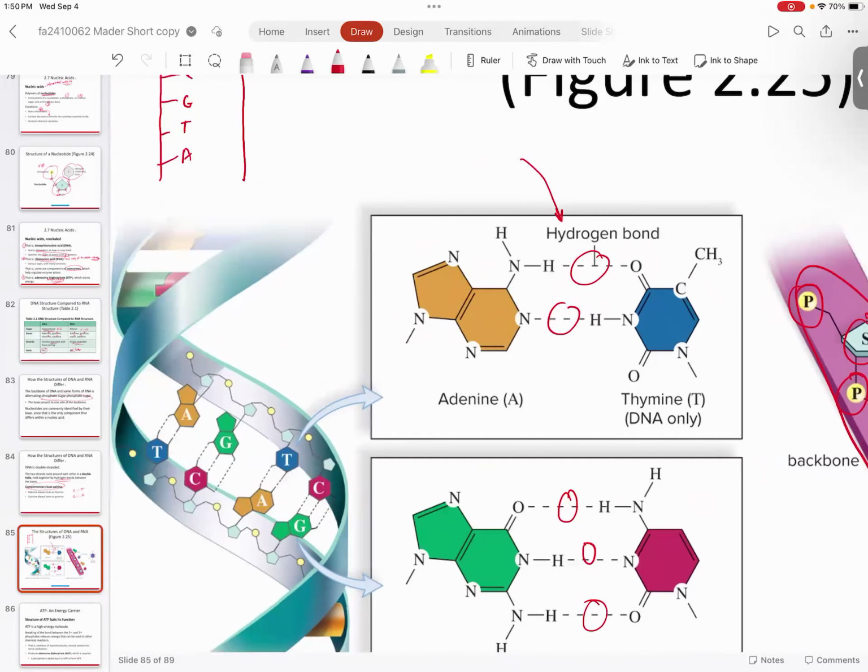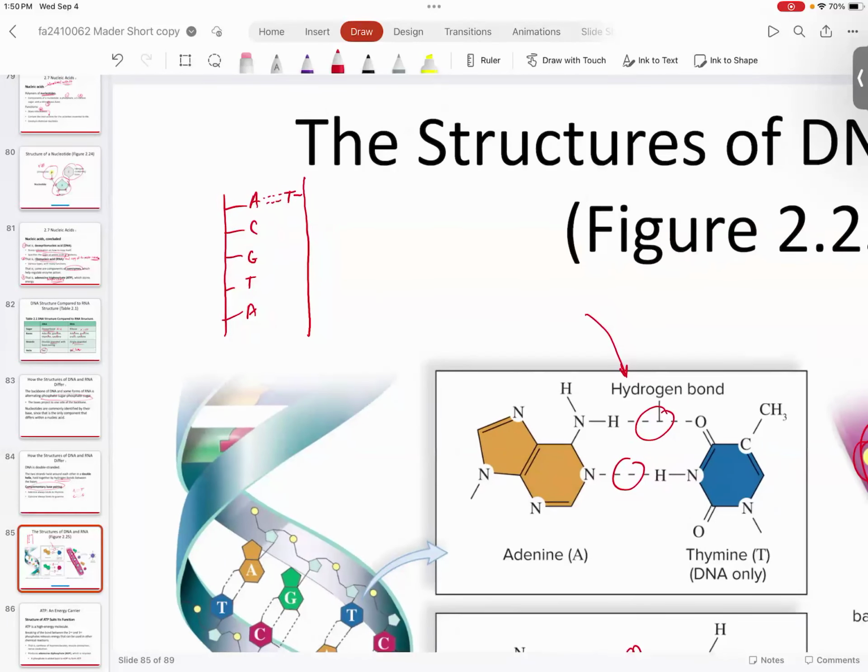So that's basically a base pair. So wherever I see a cytosine, I'm going to be forming three hydrogen bonds with the guanine. So cytosine guanine forms three. Guanine will form three with the cytosine. The thymine will form two with its adenine. The adenine will form two with the thymine.